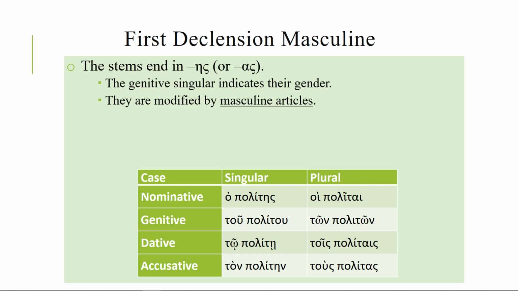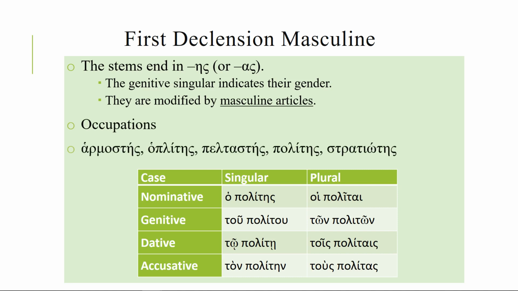And there's only a handful of these. In fact, I'm only going to give you 5 that show up very often. And you'll know them pretty easily because they're all occupations. So, for example, we get the word harmostes, which is literally a harmost. It doesn't have to translate, but it's a governor. Hoplites, a hoplite soldier. Peltast, right? A peltast is someone who uses slings or arrows, the ancient artillery, light armored troops with slings and arrows.